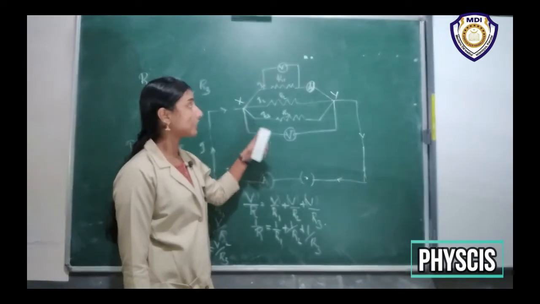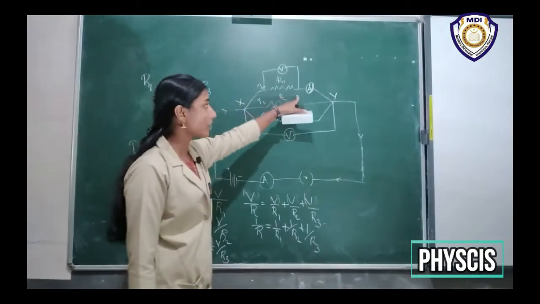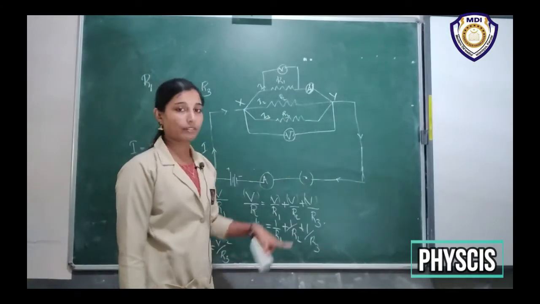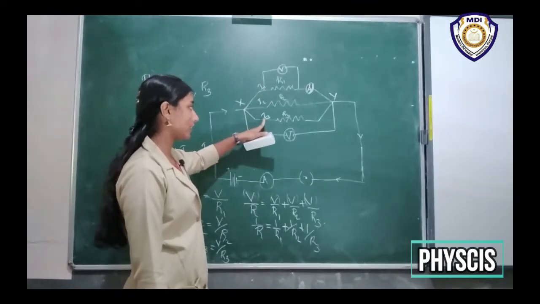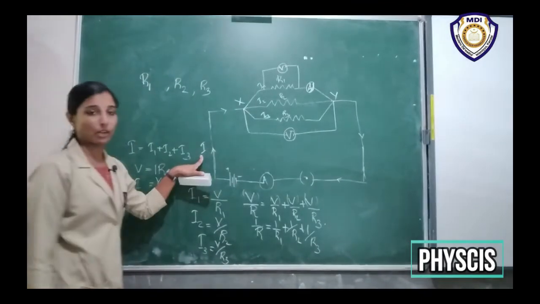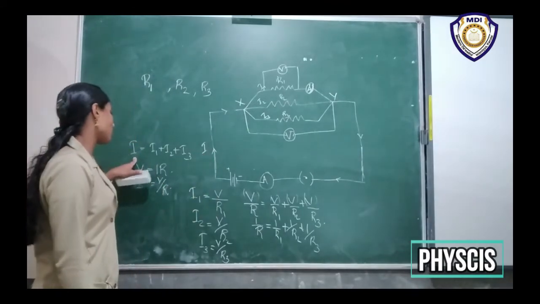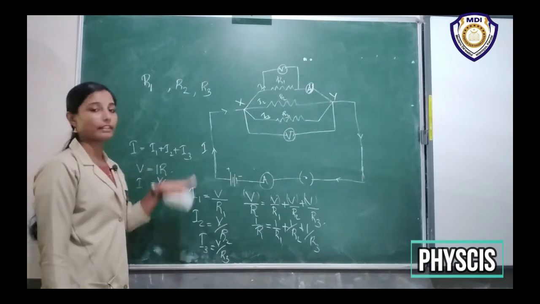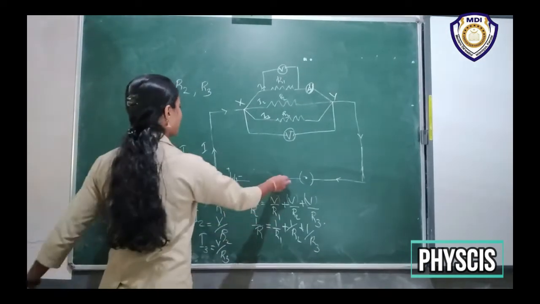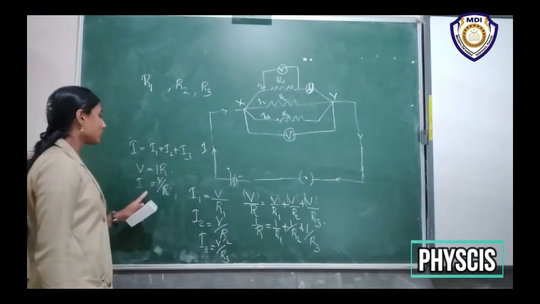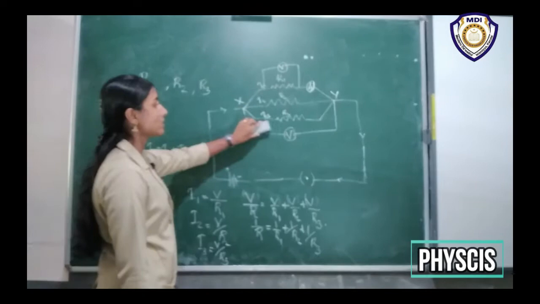So from these findings we will see that I1, I2, I3 are different and the sum of I1, I2 and I3 will be the I value. From this experiment we find I is equal to I1 plus I2 plus I3. And also we find the voltmeter reading does not change.